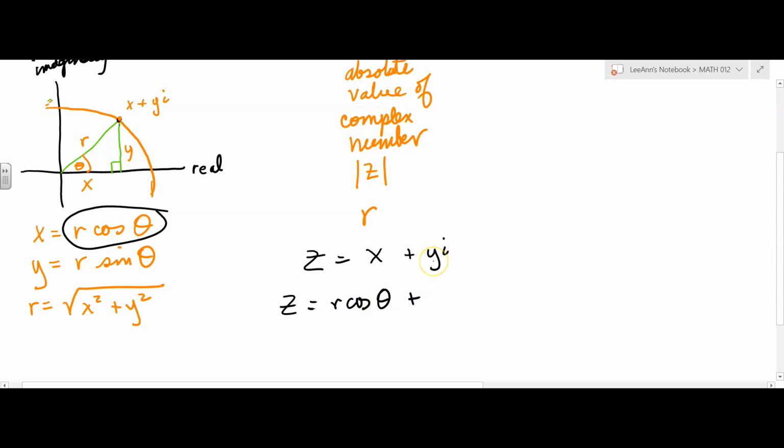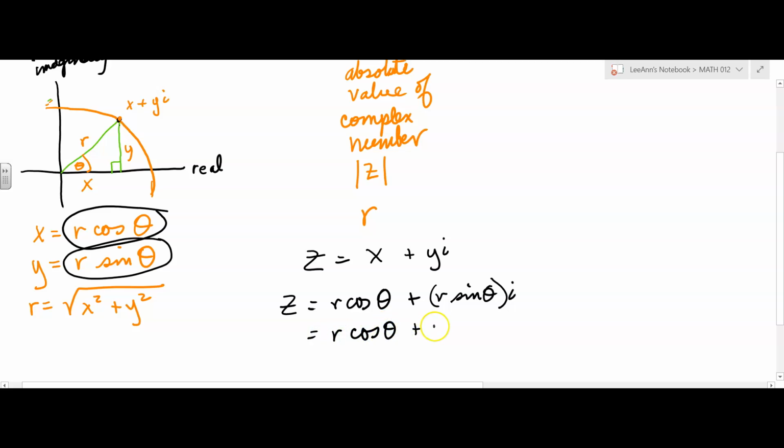And we can replace y with what it equals, r sine theta. Now, how do I want to write this? I'm going to write r sine theta for the y, and then I'll just put the i right there for now.